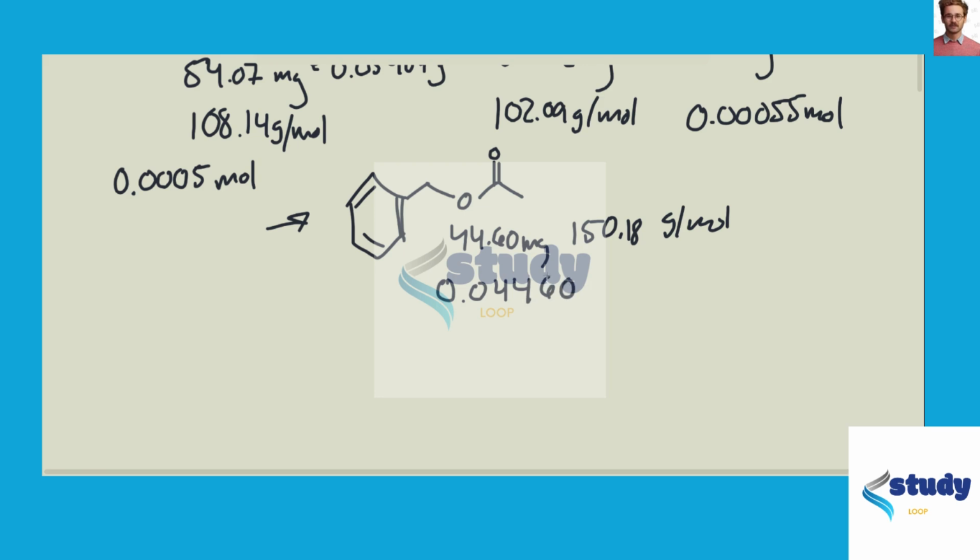And if we want to convert that to moles, we simply divide by 150.18 grams per mole. 0.04460 divided by 150.18, I get 0.000297.